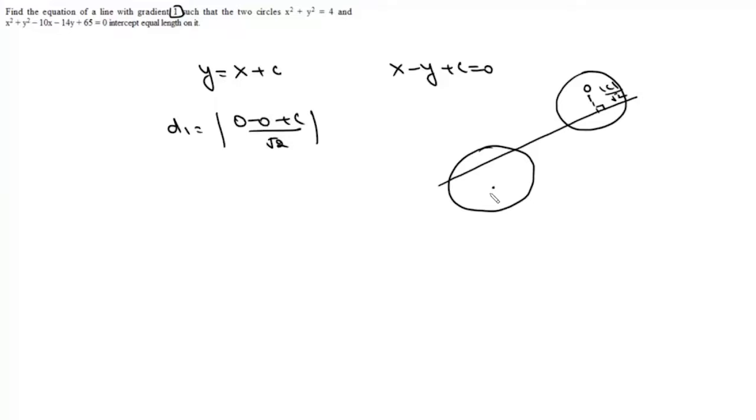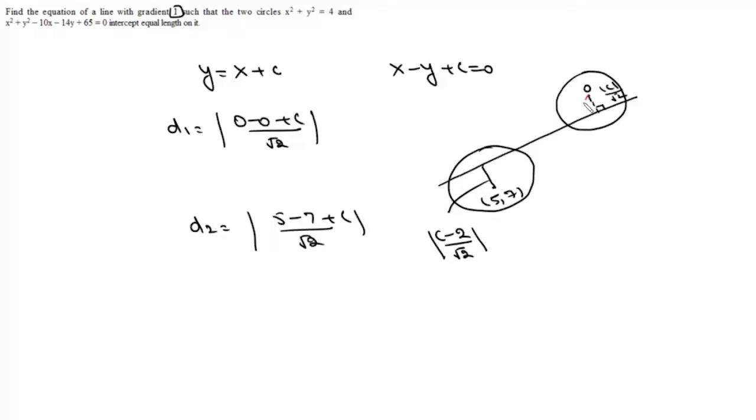And then for this other circle whose center is at 5, 7, this distance will be mod of 5 minus 7 plus c upon root 2, which is simply mod of c minus 2 upon root 2.